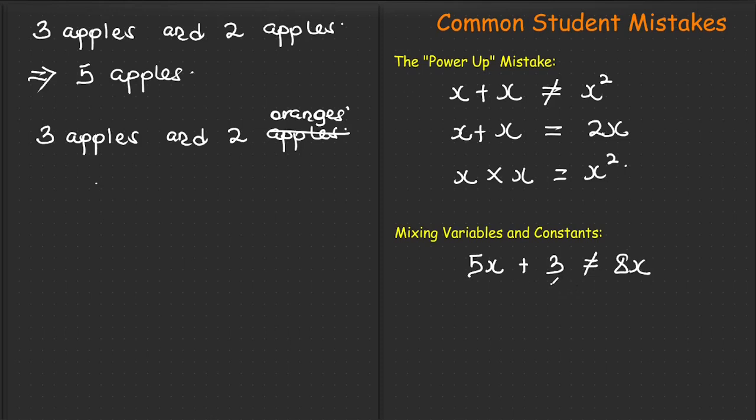These are not like things. Hence, if you have 5x and you want to add it to 3, it still remains 5x plus 3. There is nothing you can do about it if they are not like terms. And this is the essence of learning like terms.